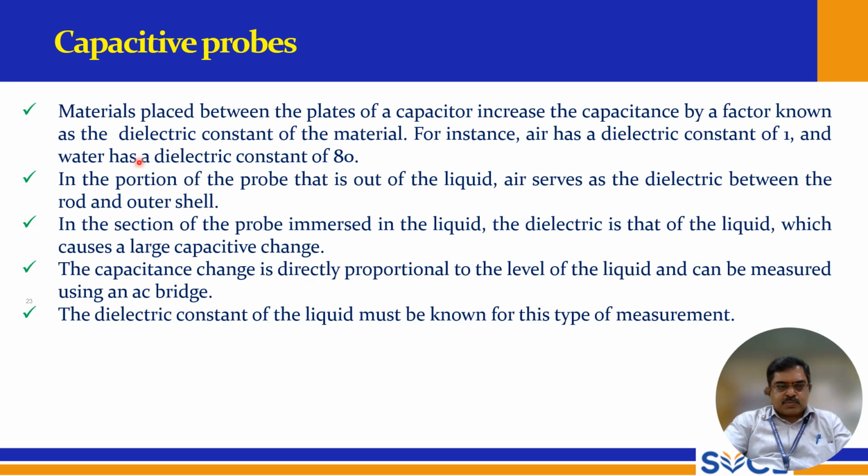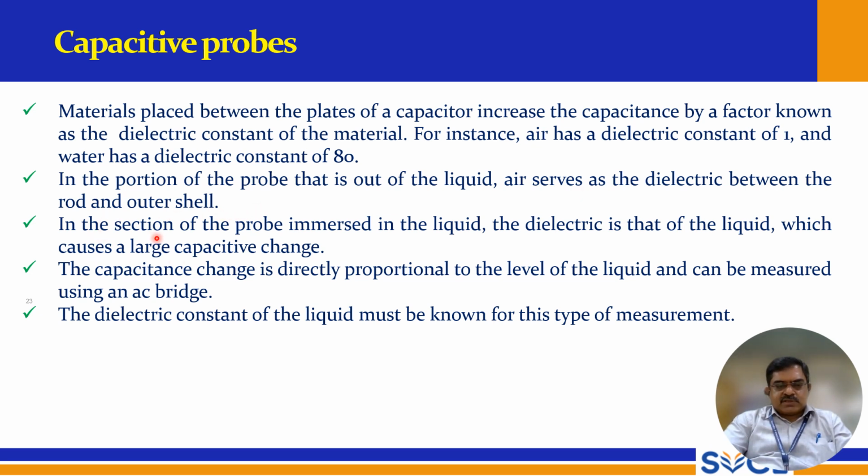In capacitive probes, materials placed between the plates of a capacitor increase the capacity by a factor known as the dielectric constant of the material. For instance, air has a dielectric constant of 1, and water has a dielectric constant of 80. In the portion of the probe that is out of the liquid, the air serves as the dielectric between the rod and outer shell.